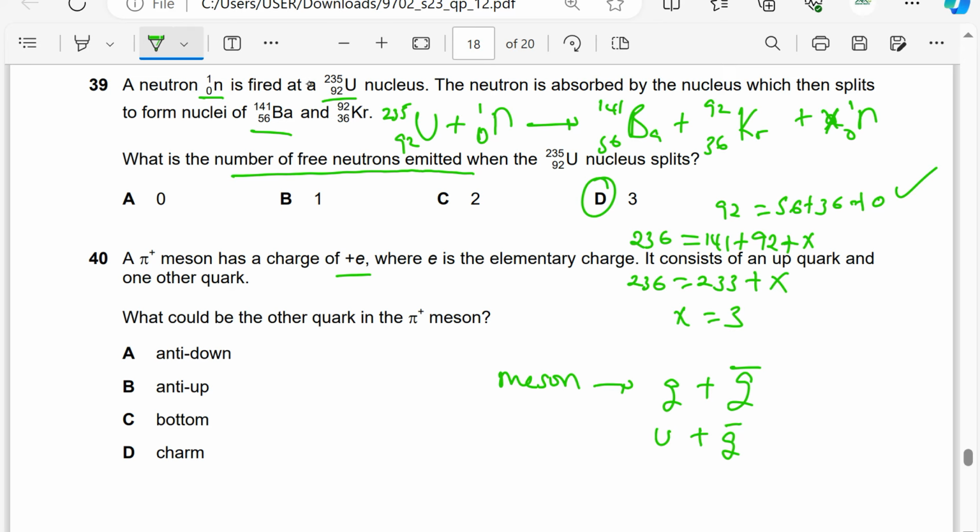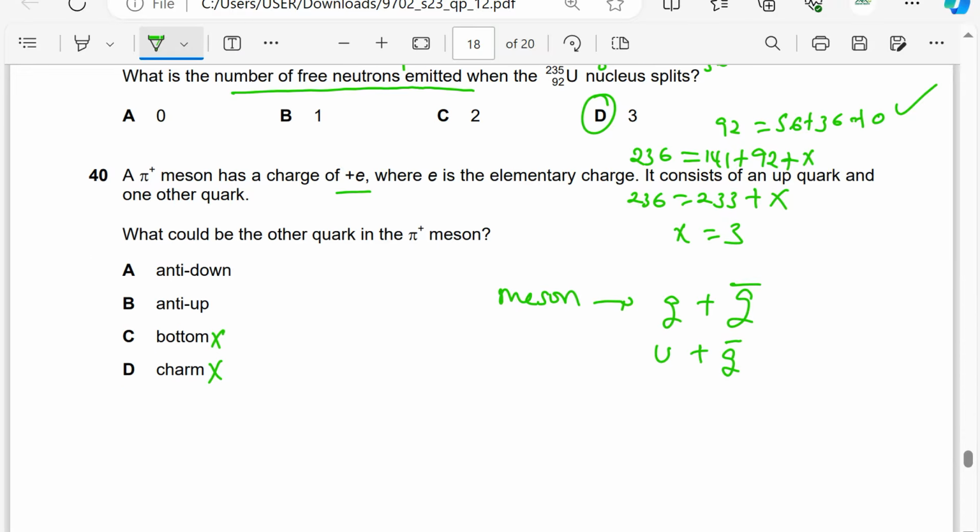But remember, the charge is plus E. So the other one cannot be charm, first of all, because charm is not an antiquark. It can't be bottom. Bottom is not an antiquark. So we want to have a charge which is positive E.